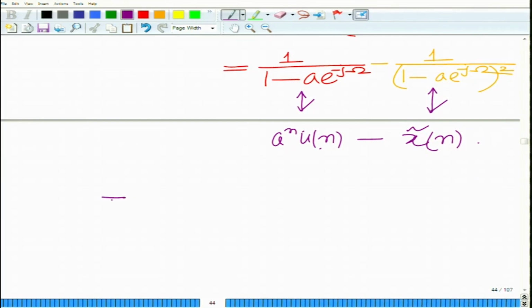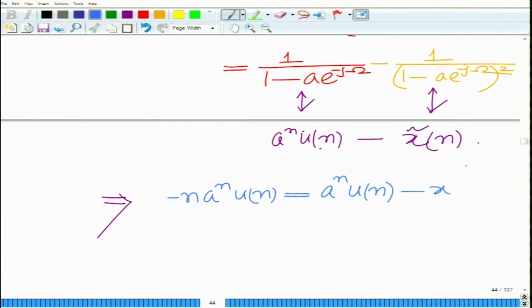So minus n a^n u[n] is a^n u[n] minus x tilde n.